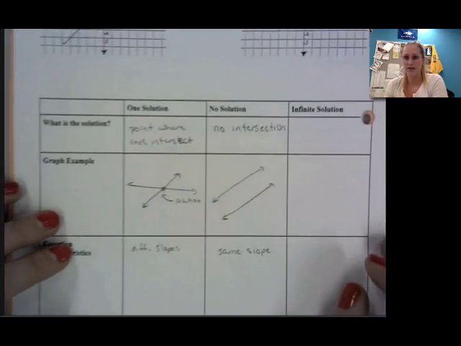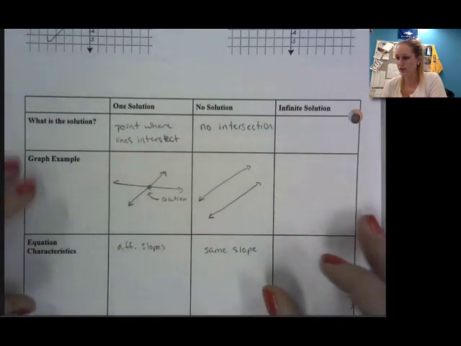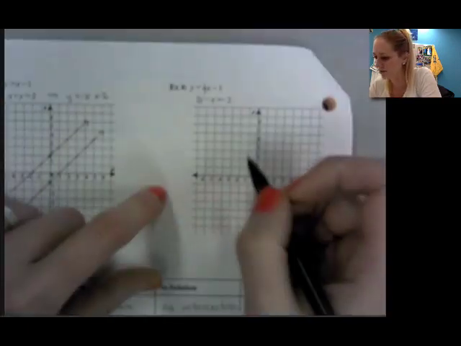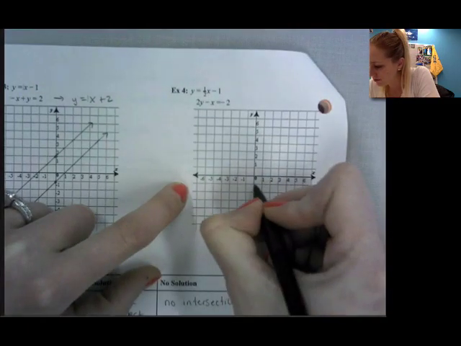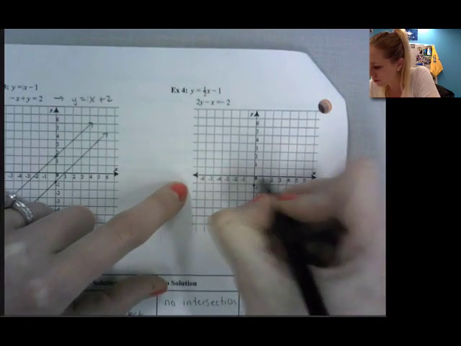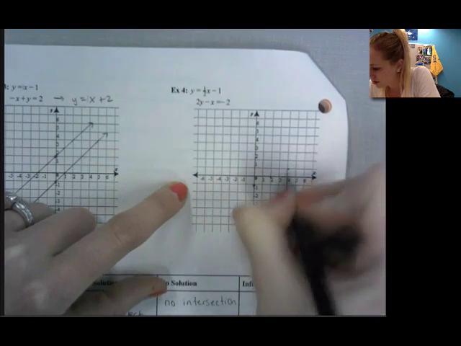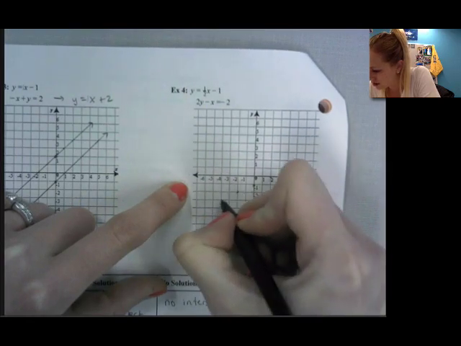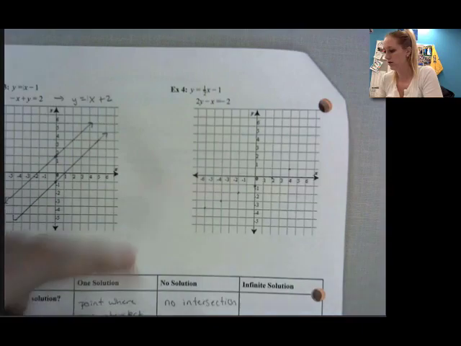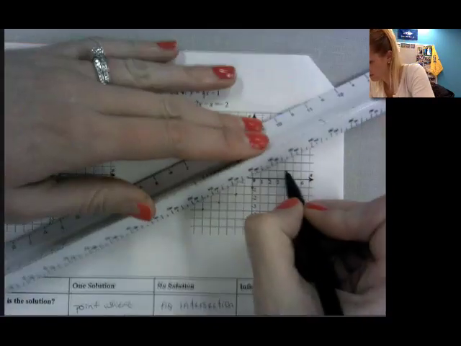All right. Infinite solutions. Well, what does that look like? So I think we're actually going to get that here in this last example. So let's go ahead and graph these. Y-intercept of negative 1, slope of 1/2, so up 1 over 2.